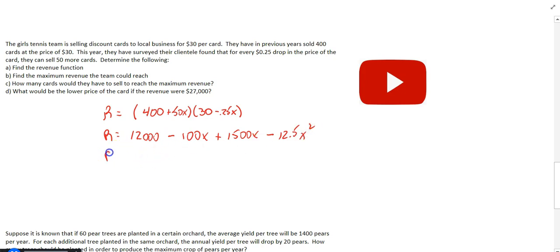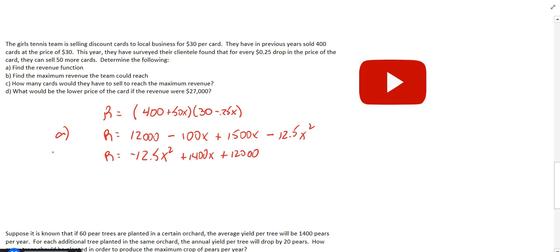And if I simplify that, my revenue then would be negative 12.5 x squared plus 1400x plus 12,000. All right, so all of that is letter A for the revenue function.